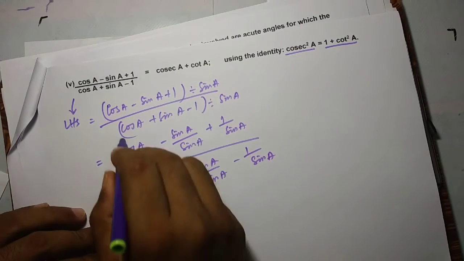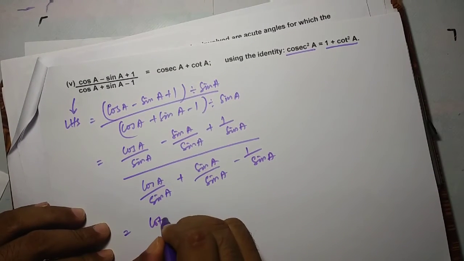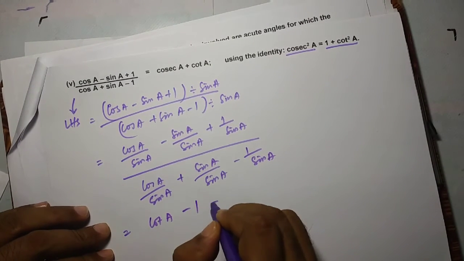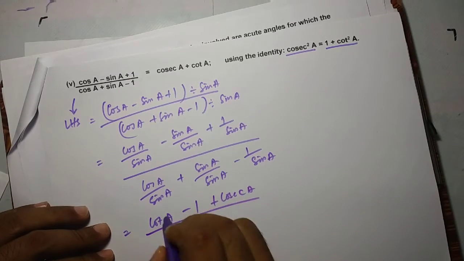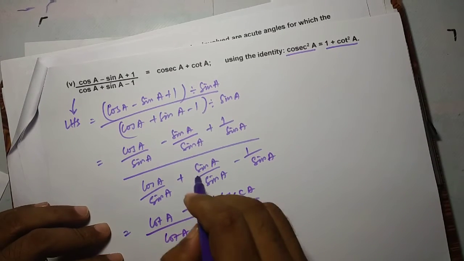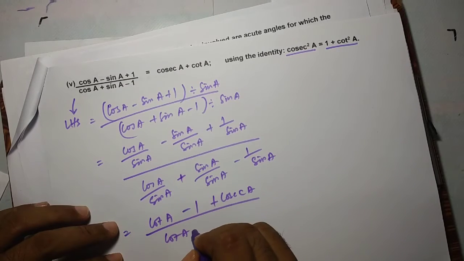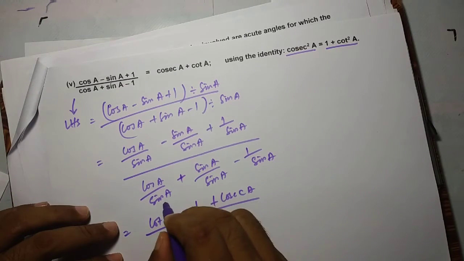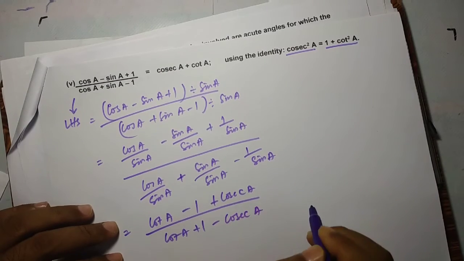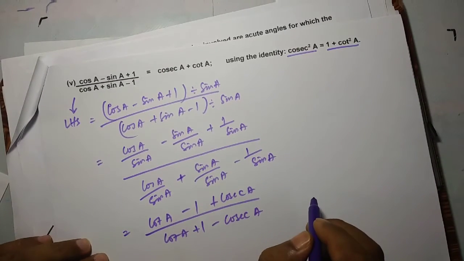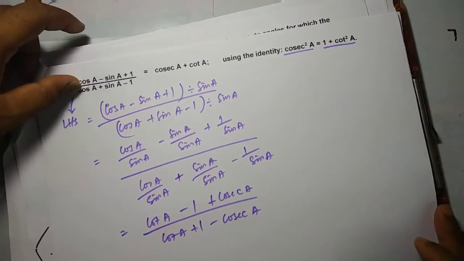So cos by sin is cot A. This is cot A minus 1 plus cosec A, and here it is again cot A, and this is plus 1 minus cosec A. Now you just check, we need to find this one.